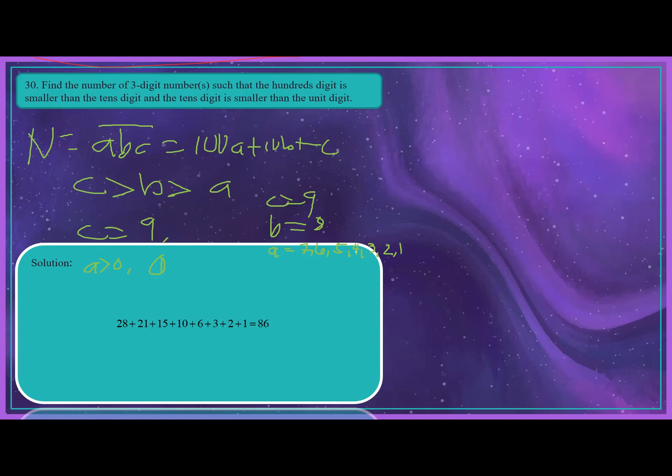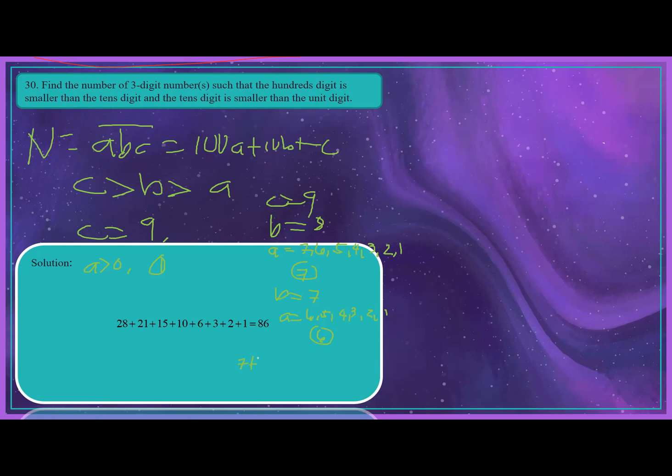That's 7. When B is 7, A would be 6, 5, 4, 3, 2, 1. That's 6 cases. Likewise for B equals 6, B equals 5, B equals 4.